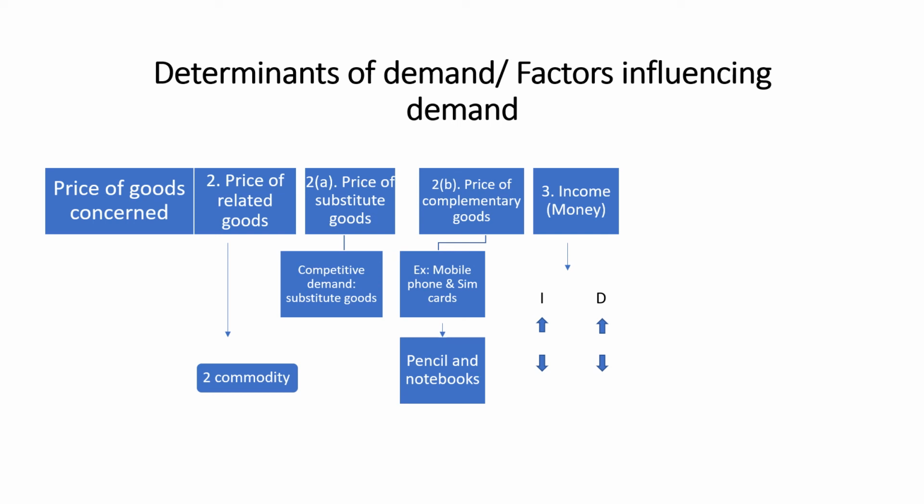Today I am getting a 10,000 salary, so today I am spending 3,000 on household expenses. So when there is an increase of income, the spending and demand will also be high. When the income is low, the spending and demand will also be low. Here you may notice there is a direct relationship between income and demand.